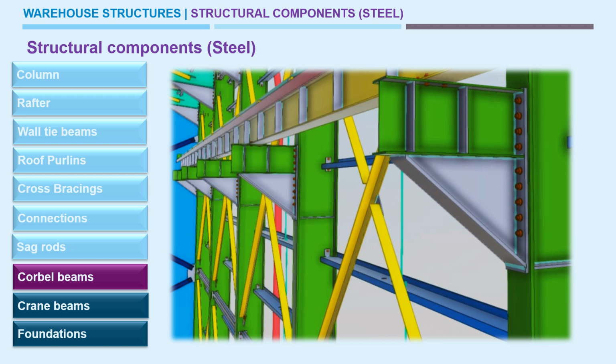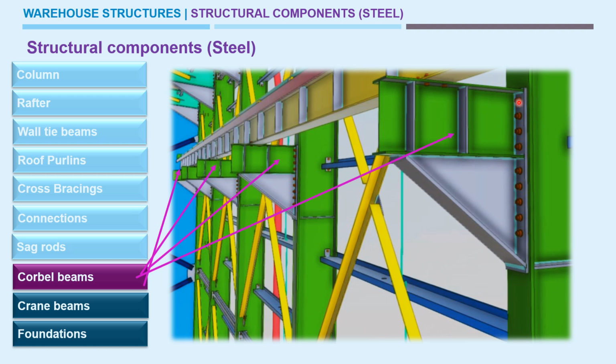In this picture you can see that the projected green color beams are the corbel beams which hold the crane beams above them. Generally these are connected according to the load transferred over the corbel beams through the crane beams. So the crane capacity is a major factor playing into the connections for these corbel beams.